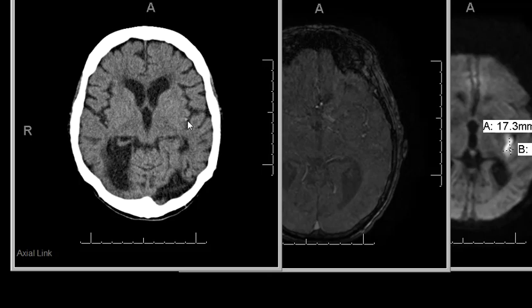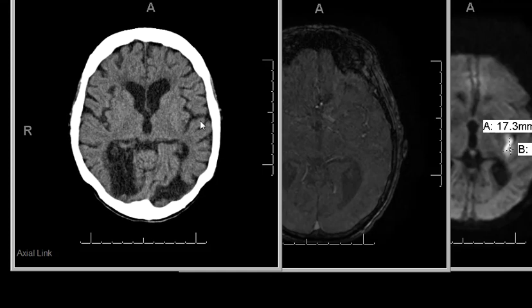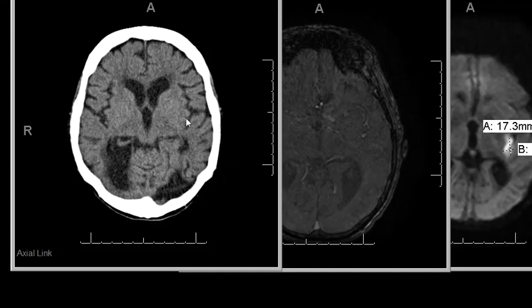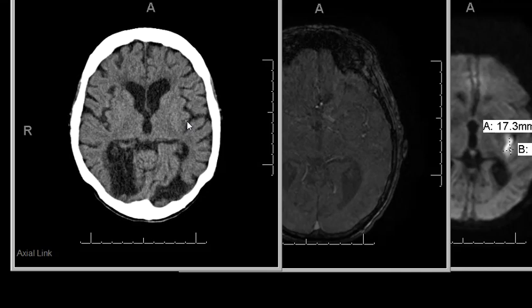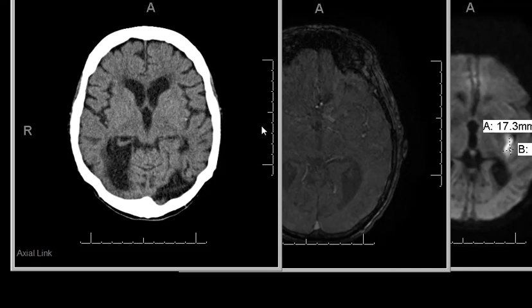Maybe in the future, if the criteria extend to M2 segment intervention for the middle cerebral arteries, then this patient could be treated by thrombectomy. Who knows? But right now, there's no indication. But just to show you, this kind of vessel clot can be missed and was missed.